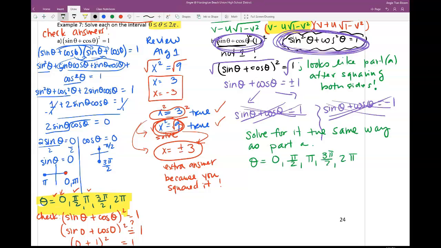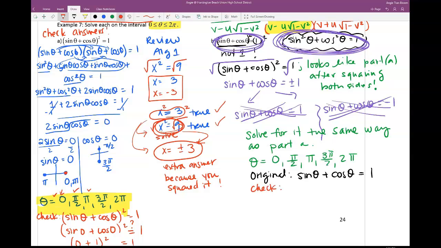But keep in mind your original equation, okay? The original equation was sine of theta plus cosine of theta equals 1. We square both sides so that we can manipulate the equation to solve, but that's not the original. When you check, you need to go back to the original, okay?